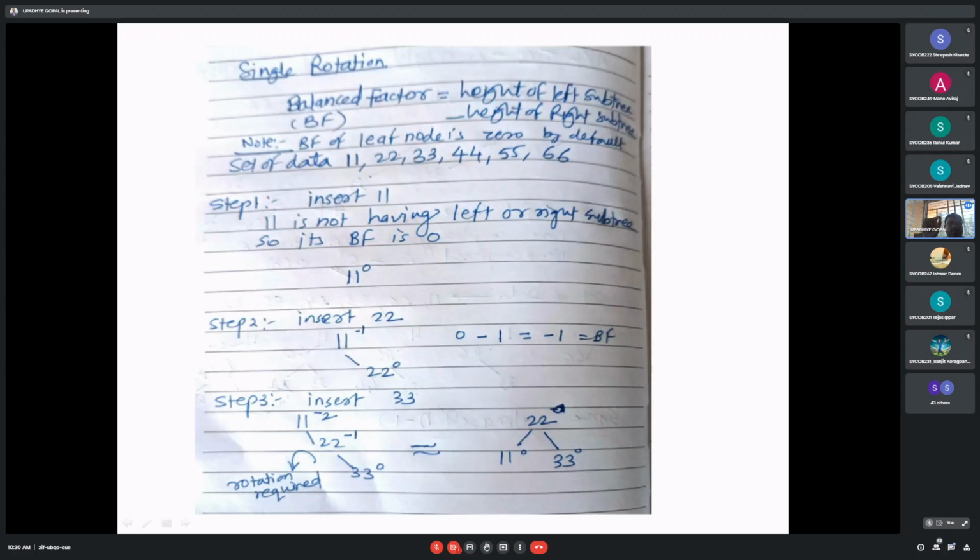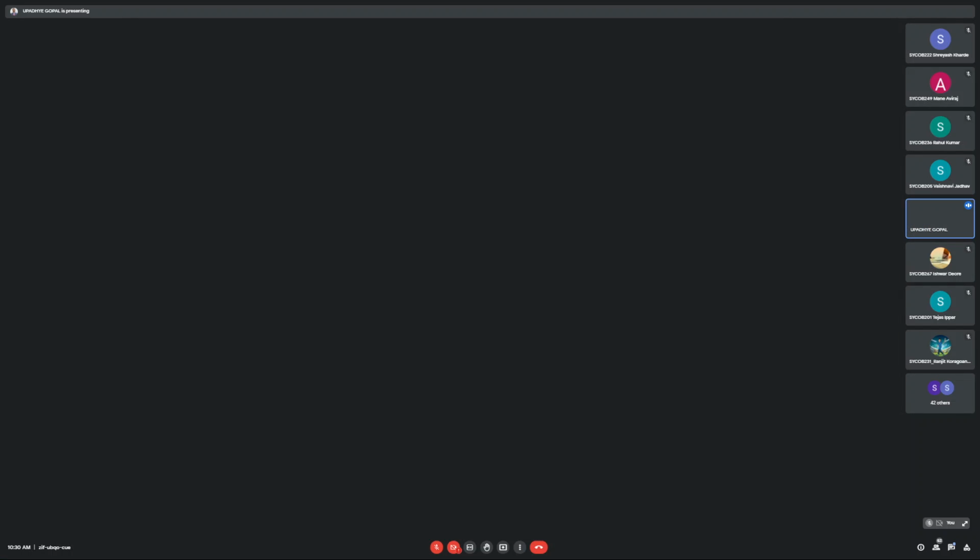Now, for the same example with the same set of data, that is 11, 22, 33, 44, 55 and 66, we will go with the parameters specified for the balance factor and the procedure to be followed for construction of the AVL tree. For the same example, we will go into detail.